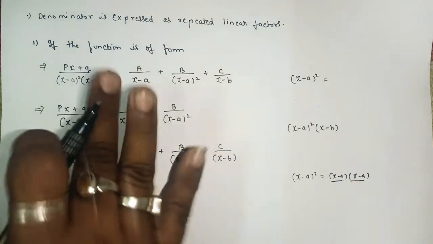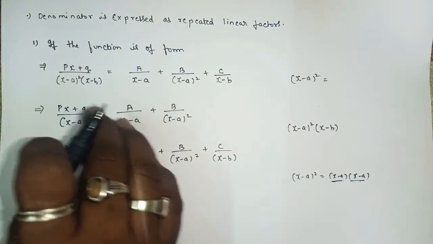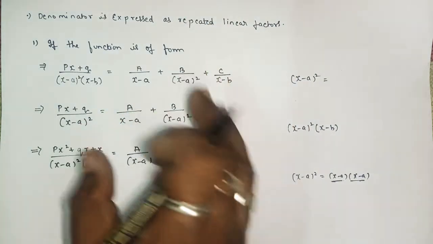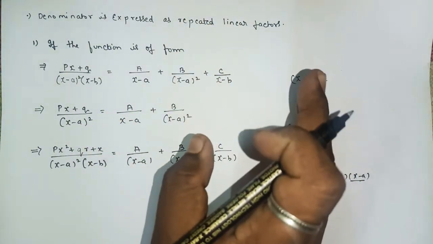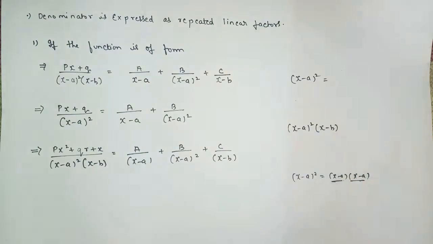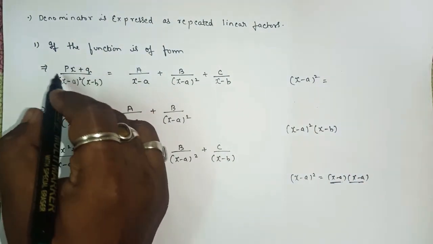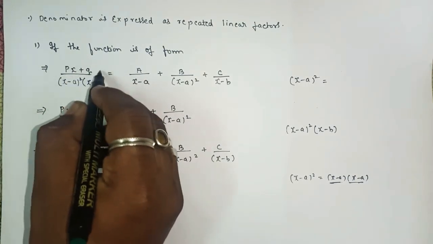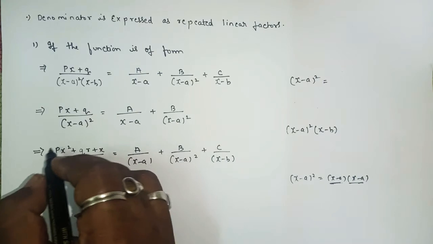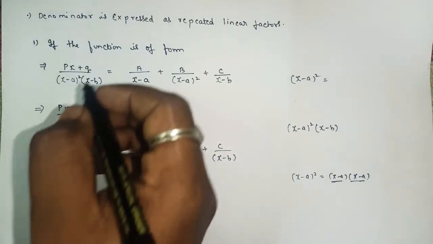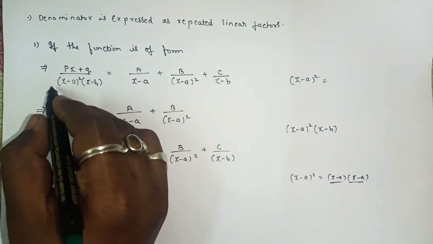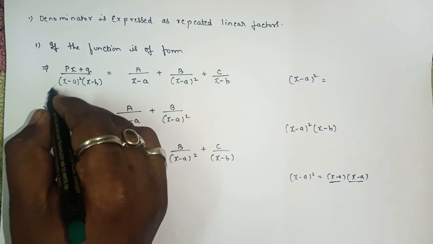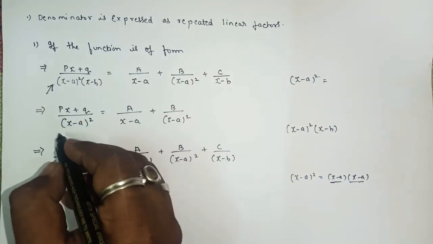That's why this type is known as the denominator expressed as repeated linear factors. So exactly what do we have to do here? Forget about the numerator, whether we have a linear expression or a quadratic form; it doesn't matter. Just simply focus on the denominator.